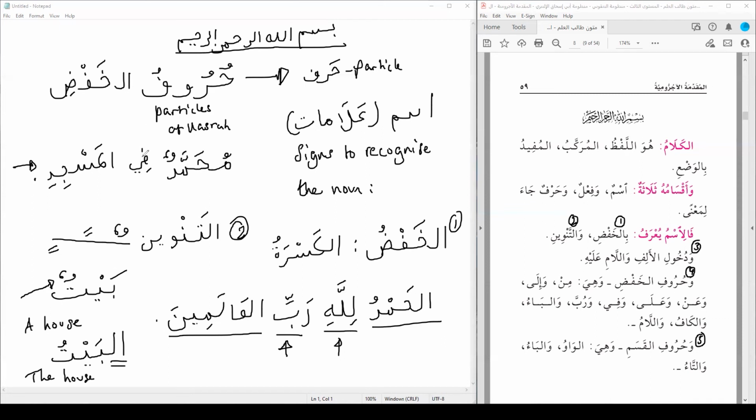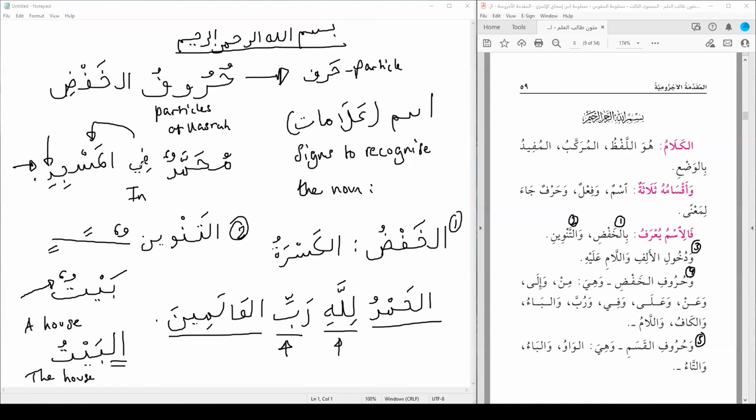It is from the particles that cause the following word to end in kasra. Fi means in. So the last letter will take kasra. Because al-masjid was affected by the word fi, this sign of fi being present makes the word al-masjid a noun.